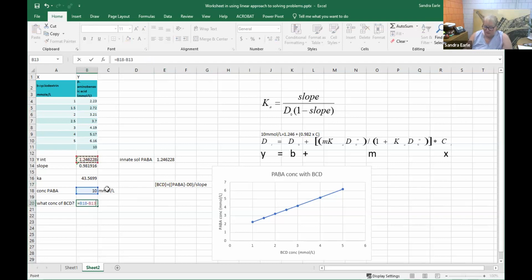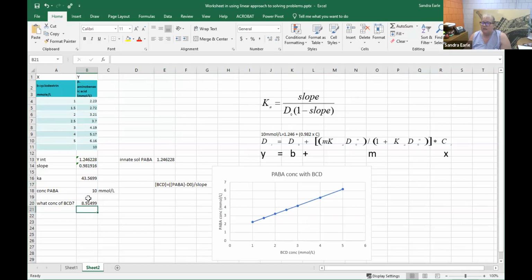They're the same thing, right? Now we're going to put parentheses around that one because we want that to happen first. And then we're going to divide that by the slope of the line. So there's the slope of the line. And that tells us what concentration of beta cyclodextrin we need.